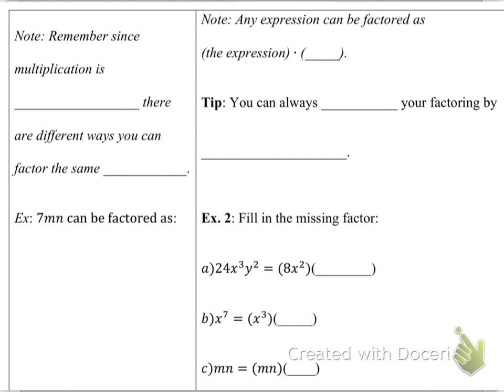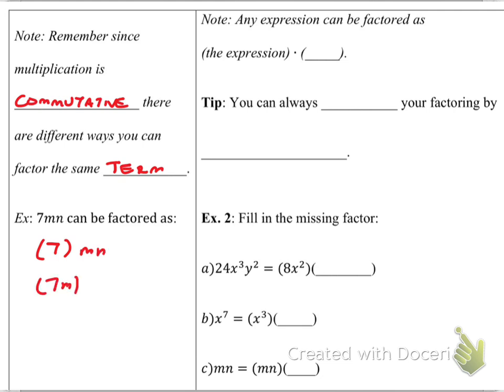Okay, so note, remember, since multiplication is commutative, there are different ways you can factor the same term. For instance, 7mn can be factored, and really it's just a matter of how you structure your parentheses.